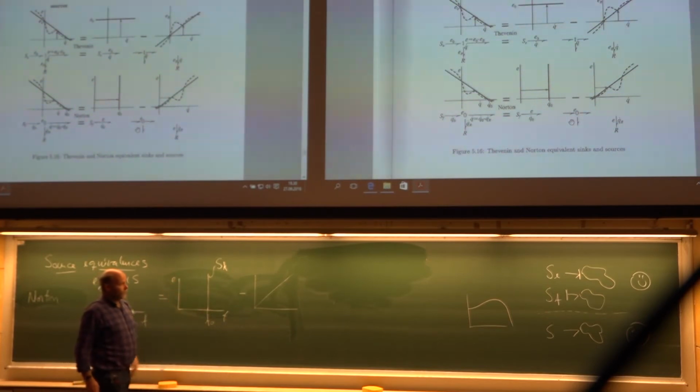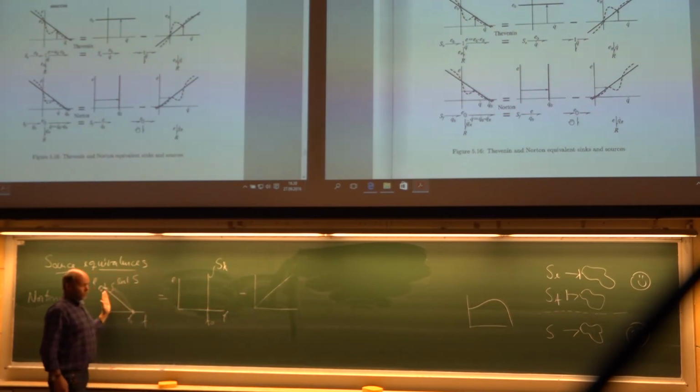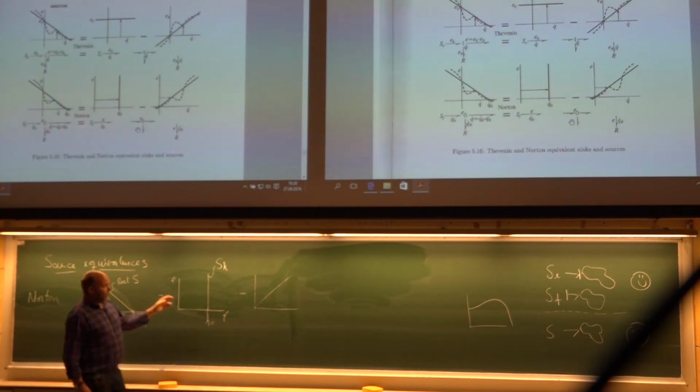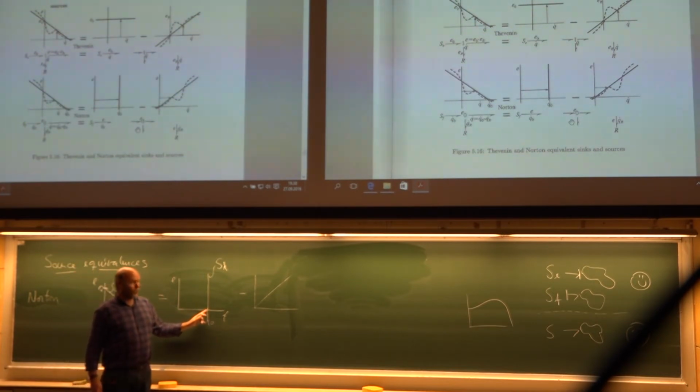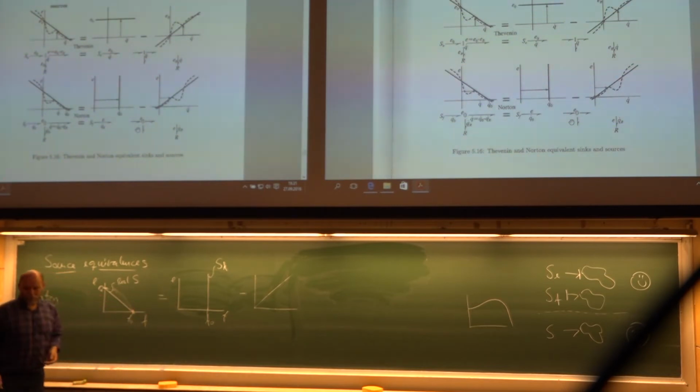Maybe it's easier to see that the subtraction here will give this picture. Normally you are not used to a function that has infinite numbers of answers to one argument, so it's better maybe to flip it. Then it will look identical to the Thevenin equivalence. But the answer will be identical.